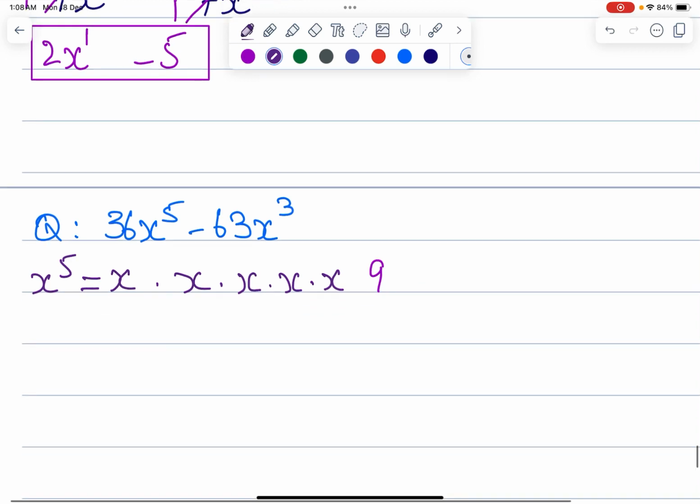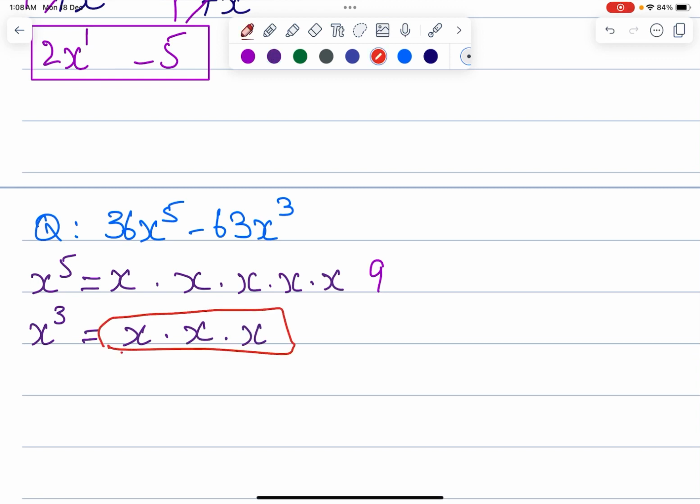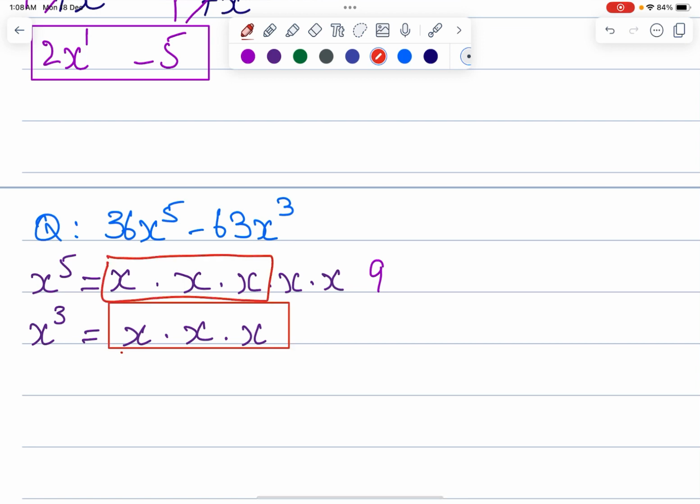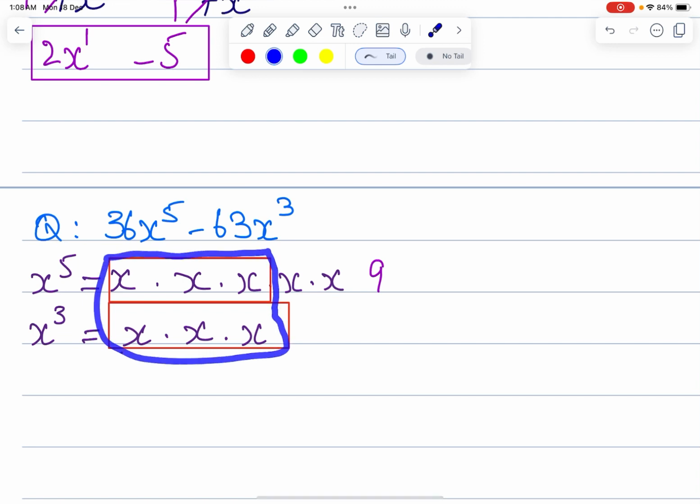And x to the power 3 means x multiplied by x multiplied by x. So you have 3 x's on this side, and you take 3 from here as common. This shows both of them have at least x to the power 3 as common.